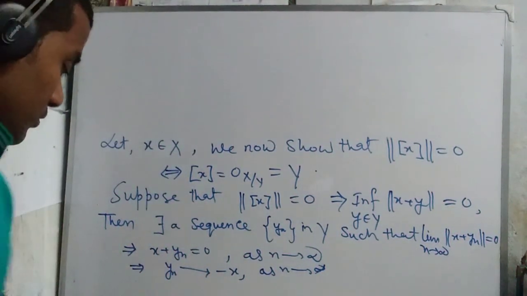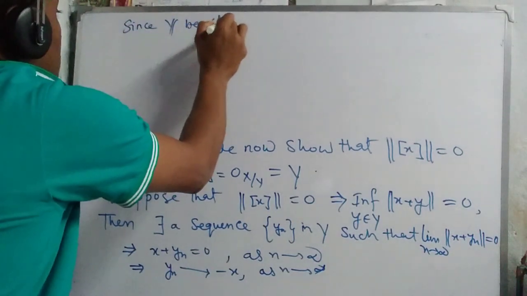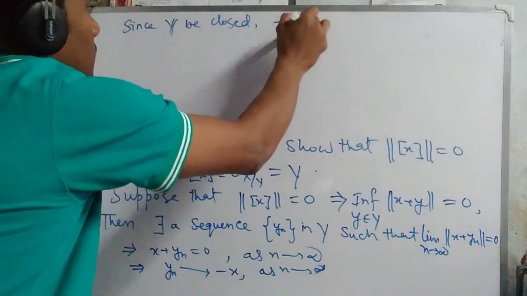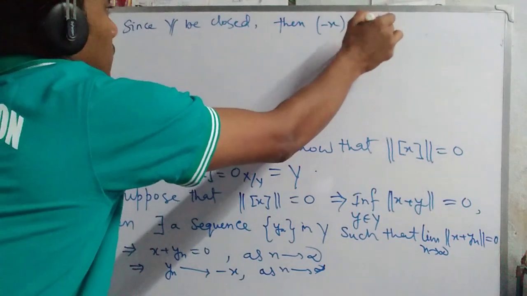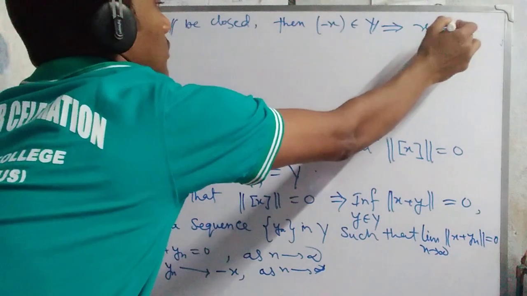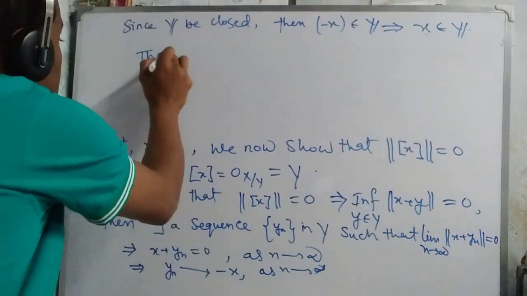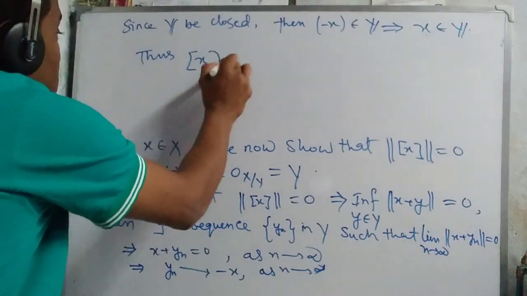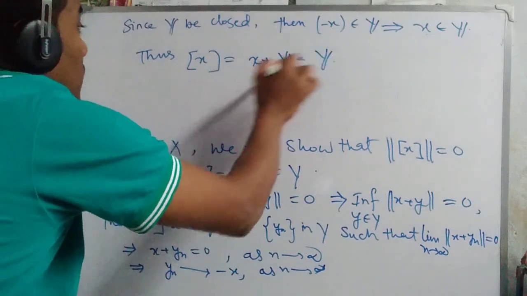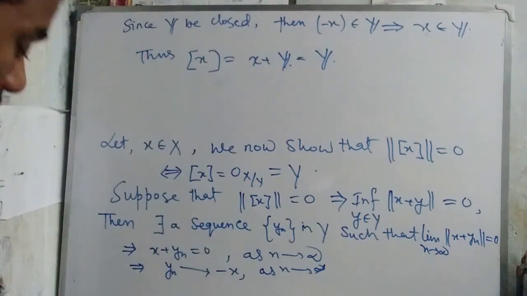We write here now, since Y is closed, obviously -x belongs to Y. This implies that x belongs to Y. So we write [x] equals x + Y, which is obviously Y, because x belongs to Y. Do you understand or not?